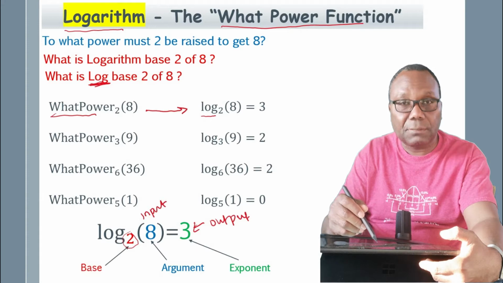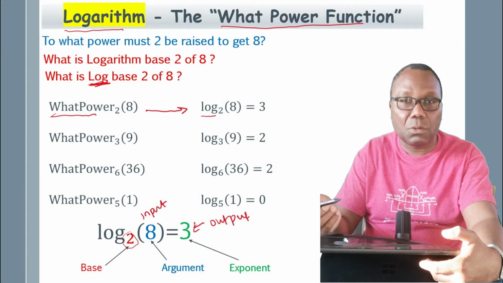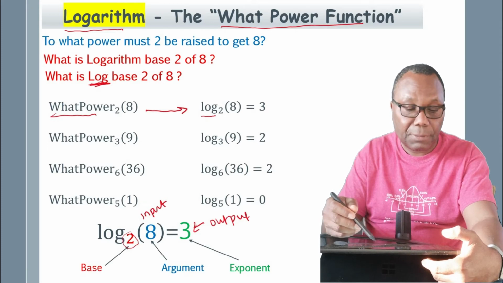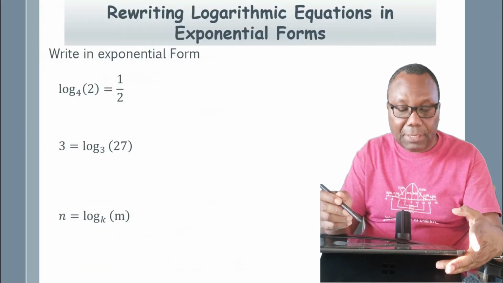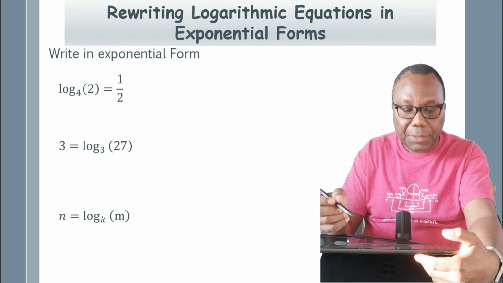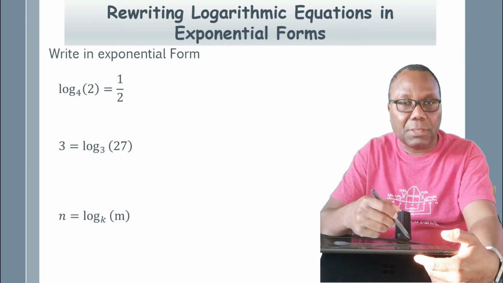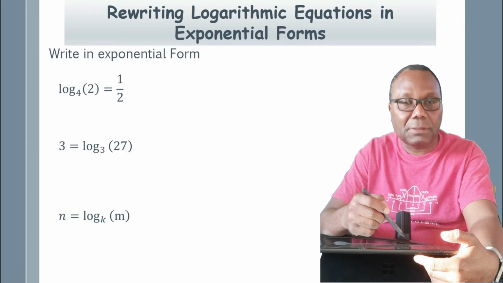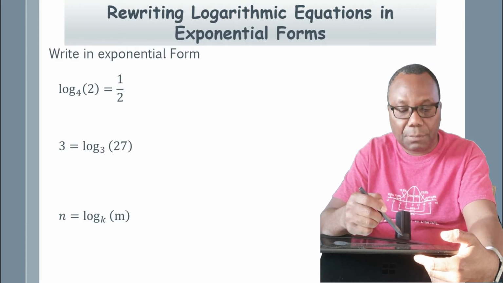A logarithm expression or equation is basically asking you to what power must something be raised to get another number. Here are three logarithm expressions on the screen for you. We're going to rewrite these expressions in exponential form.